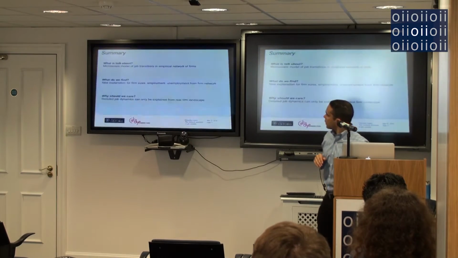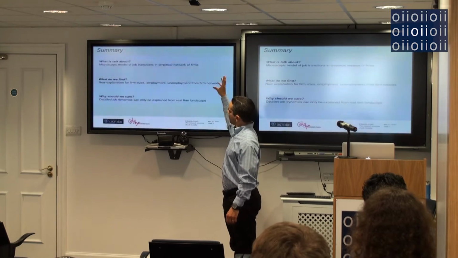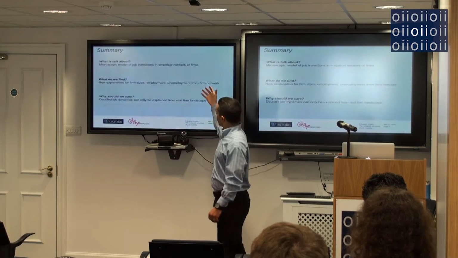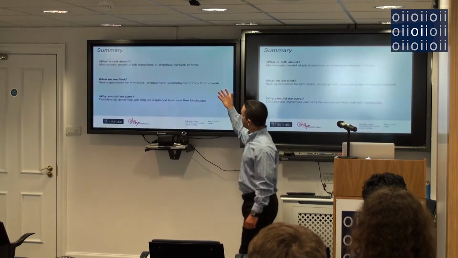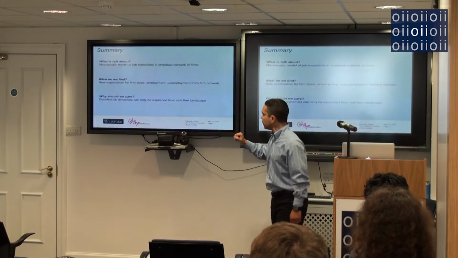Let me just say something very general. This talk is basically about that microscopic model of job transitions, and trying to find an empirical network that reflects the dynamics of the system well.